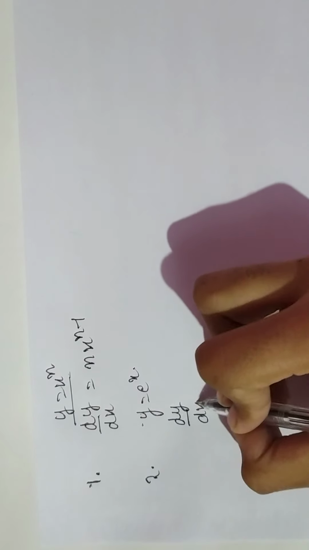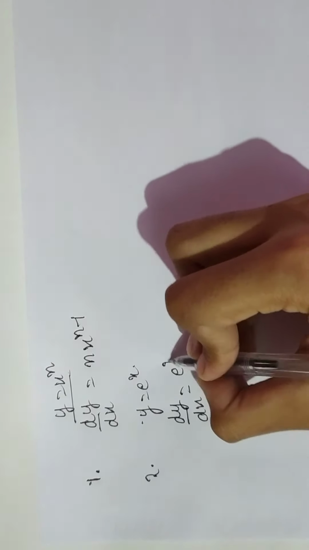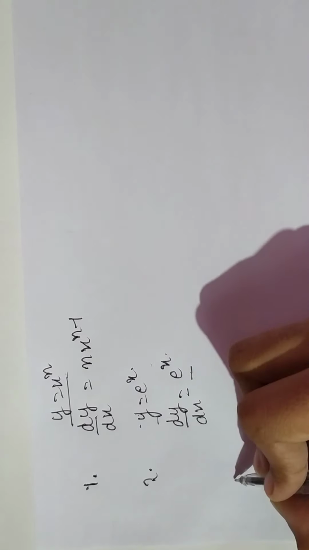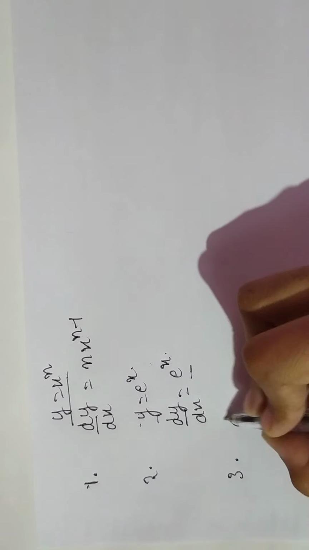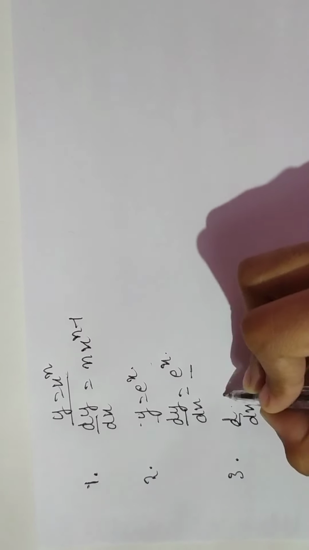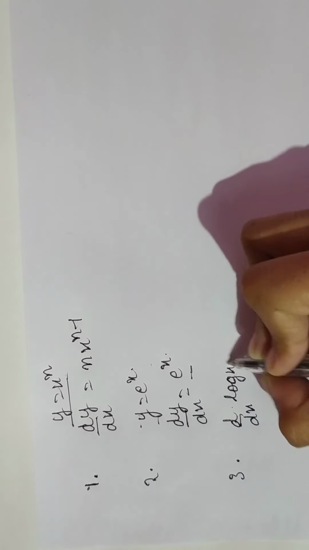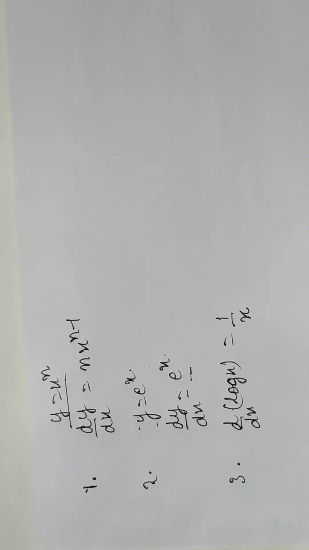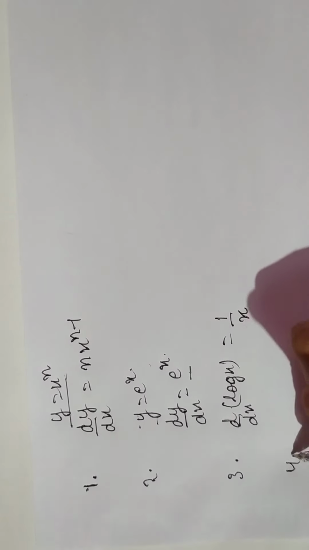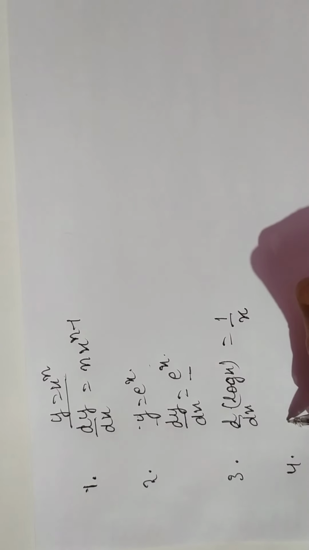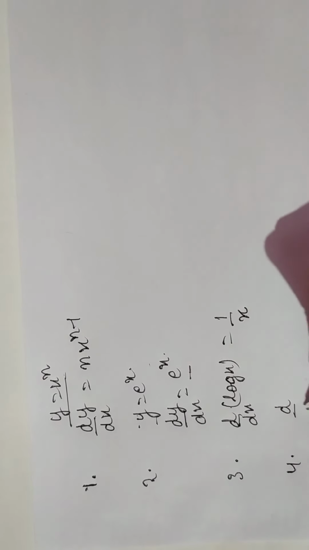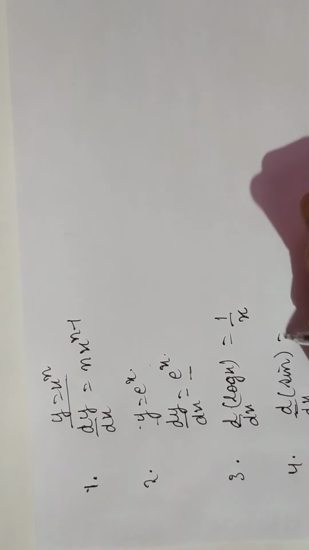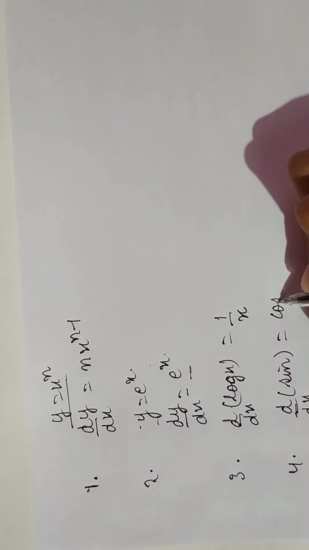The differentiation of this function will be the function itself. After differentiating, we get the same function. Now the third formula: if we have d by dx of log x, we get 1 by x. The fourth one is, if we want to find the differentiation of the trigonometric function sin x, we get cos x.